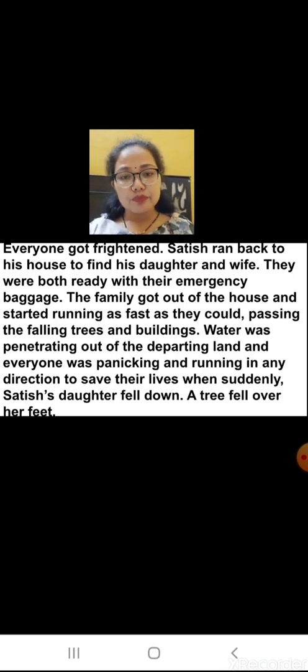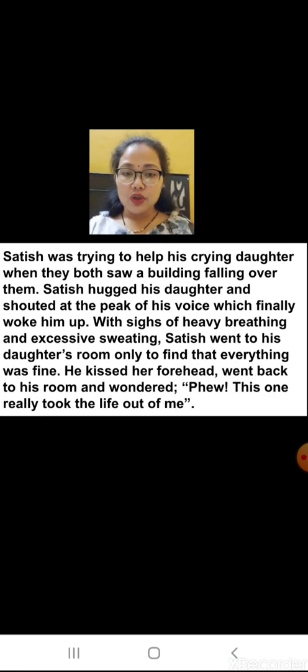When suddenly Satish's daughter fell down. A tree fell over her feet. Satish was trying to help his crying daughter when they both saw a building falling over them.